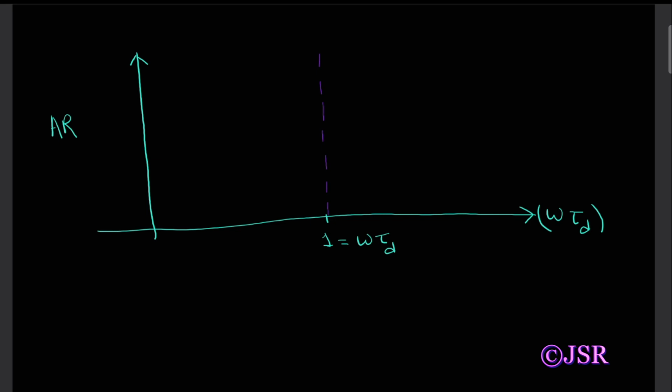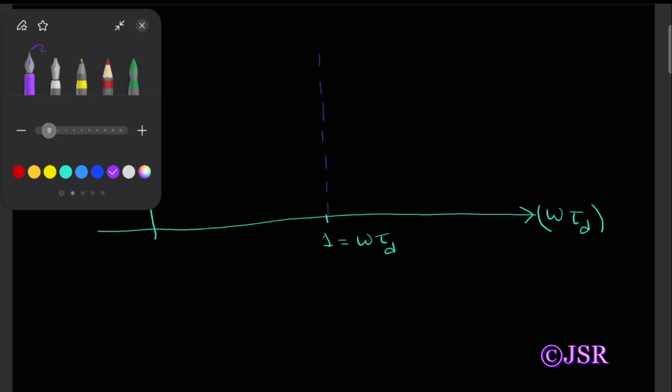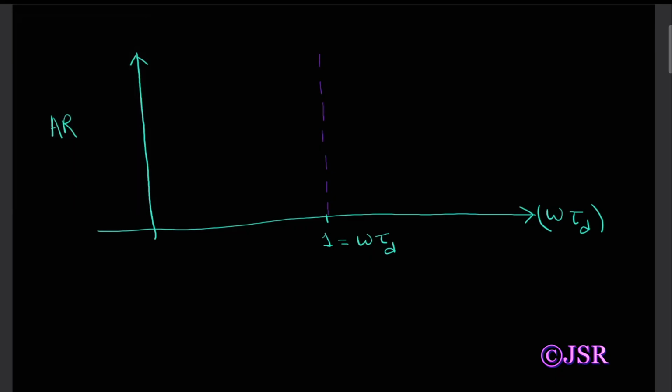When omega tau d is 1, the amplitude ratio is also 1.